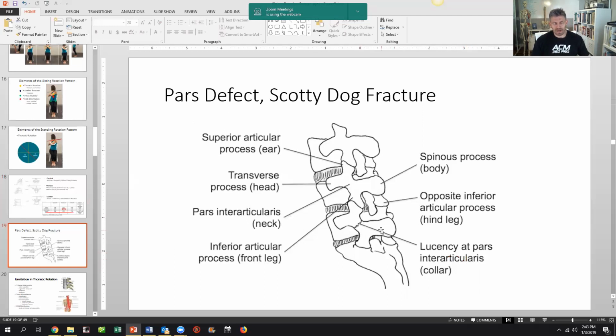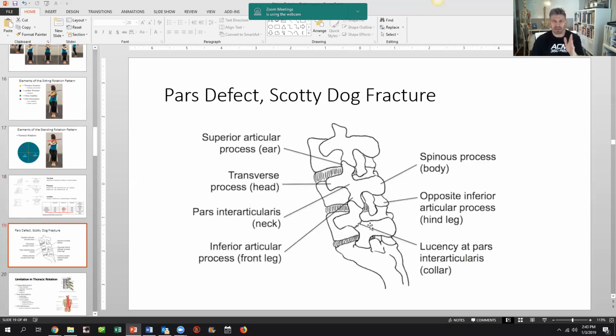The vertebrae has the spinous process and the transverse process, and the connection between those is the pars. The bone that comes up is the superior facet joint that meets the inferior facet joint of the bone above the vertebrae. Well, this image looks like a dog and the collar of a dog, so that's why they call it Scotty dog fracture.